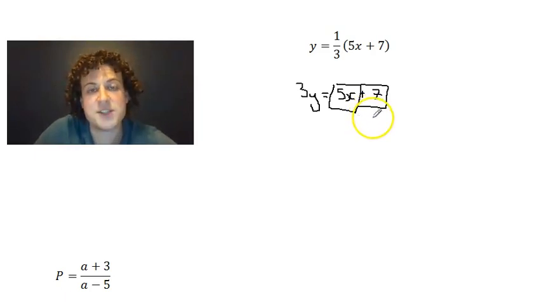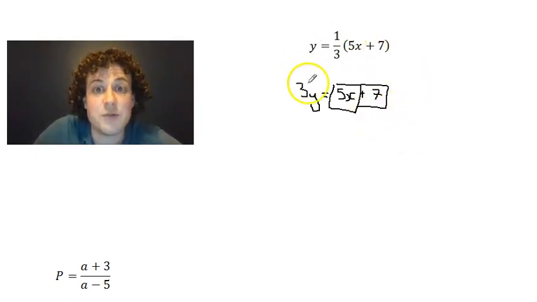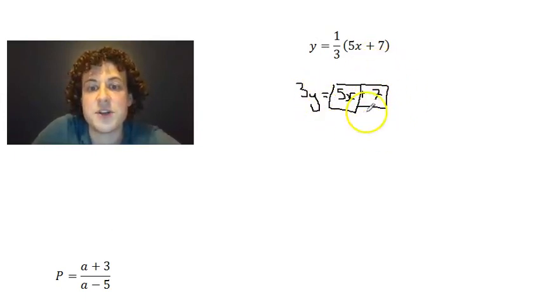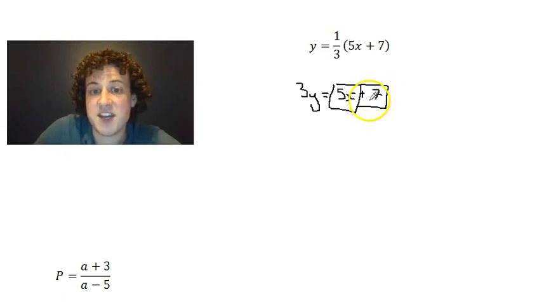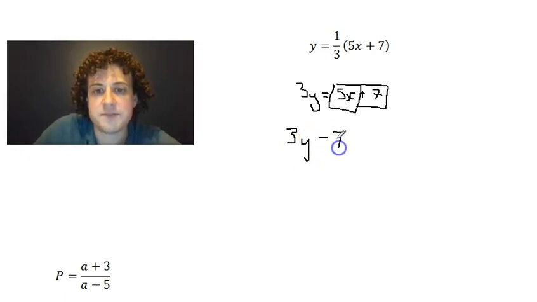So now we have our boxes, and now we can revert back to that original method of move away all the things we don't need, and the thing we don't need is this box with 7 in it. It doesn't contain an x, so I'm not interested. So 3y minus 7 equals 5x.